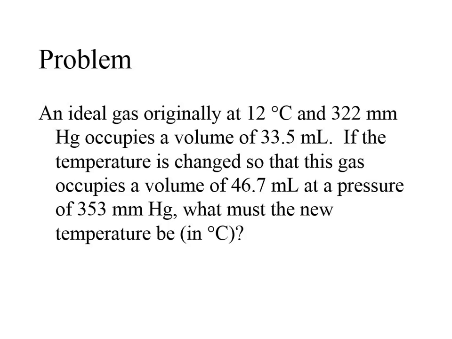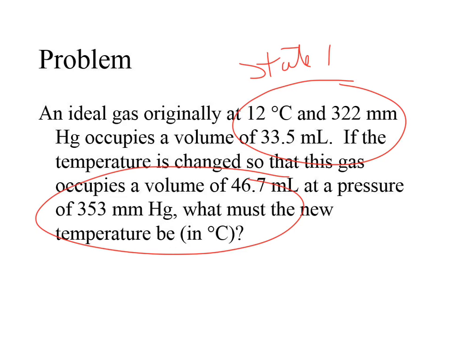It says, what if the temperature is changed? So that's my state 2. It doesn't tell me what the new temperature is, but when the temperature is changed, it gives me a different volume, 46.7 milliliters, and a different pressure, 353 millimeters of mercury. With story problems like this, they won't always read the same, but all of this stuff is state 1, and all of this stuff is state 2.